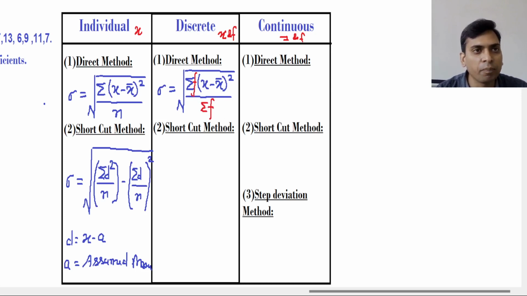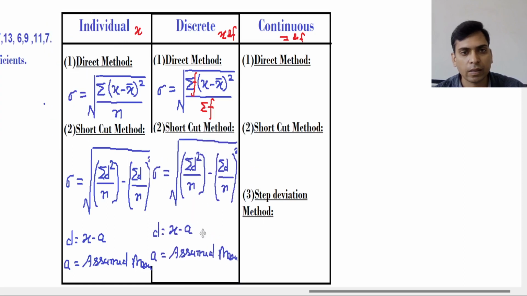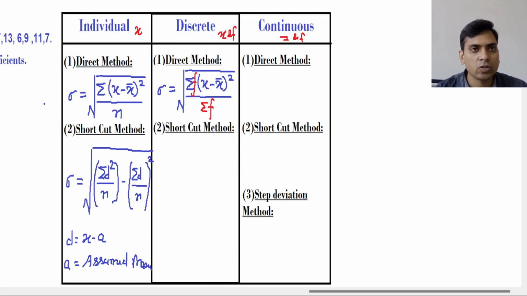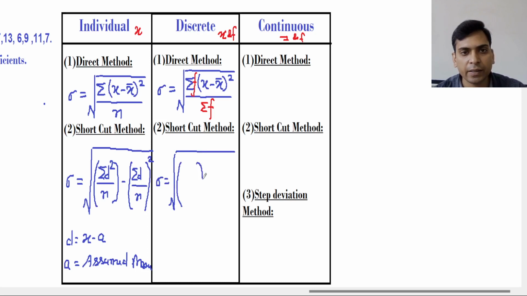In the same way, we will copy the shortcut formula also. Some parts are the same, with no change: first bracket and second bracket, then square of the second, both divided by summation f. This is not n, this is now summation f.